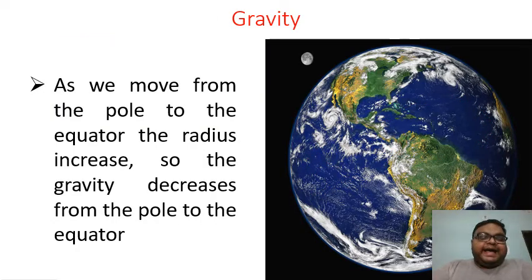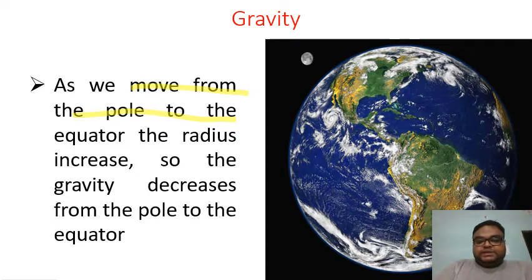So let's see how this affects gravity, students. As we move from the poles to the equator, the radius of the Earth increases. If I draw, this is the equator and this is the distance from the pole. I'll be using some other colors again.